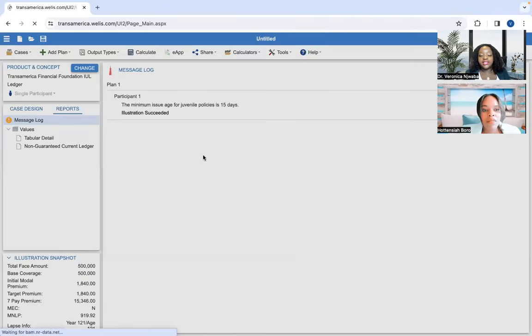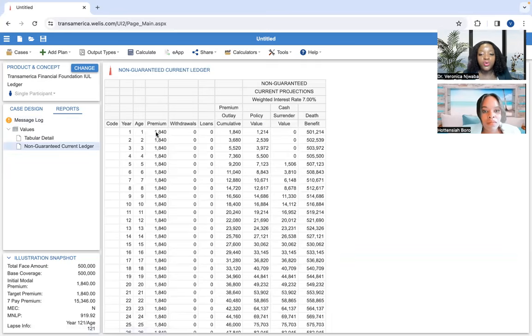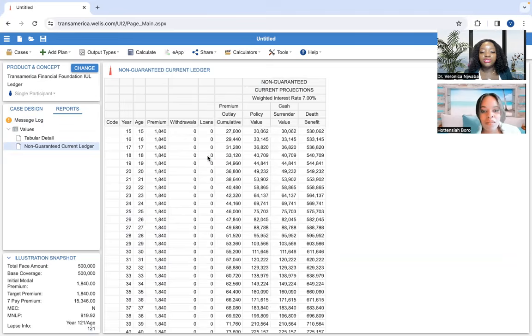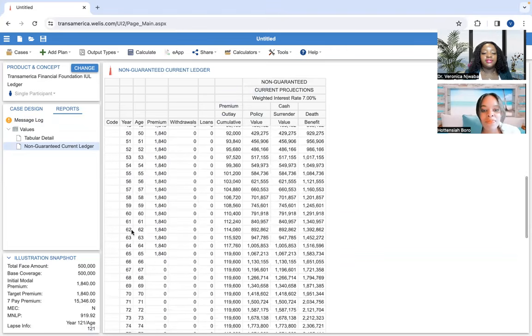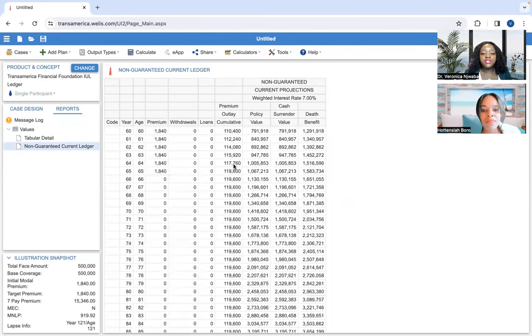So they contribute a total of 1,840, and they have 1,200 in their savings. Fast forward, by the time this child is 18 years old, they'd have contributed 33,000 and the child has 40,000. If they want to put more, they can. Remember, they have up to $15,000 here, 7 pay. But let's say this child is 65 years old. That means they've contributed 119. They're still a $1 million baby. Do you see that?